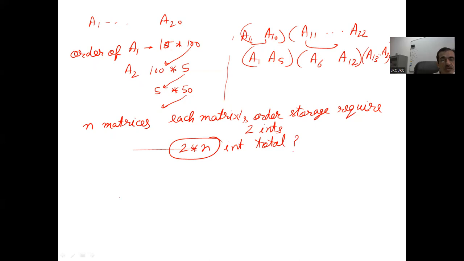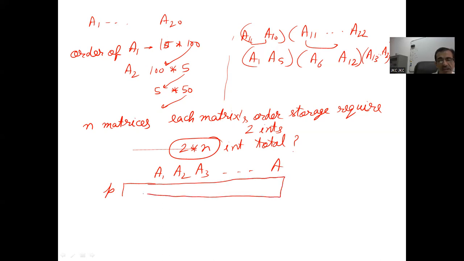These are common. So first thing I will do is A1, A2, A3 to AN, their order I will store in array P. In DP problems, P is used as an input. Earlier that was profit, now it is used for this. So the P array will be an array of only n plus 1 values at index 0, 1, 2, 3, 4, and up to n. Here I will store 10 into 100.